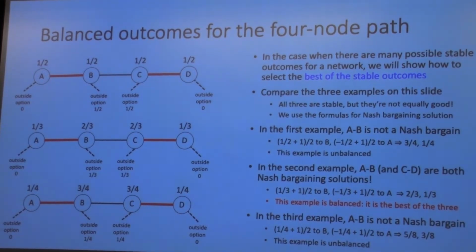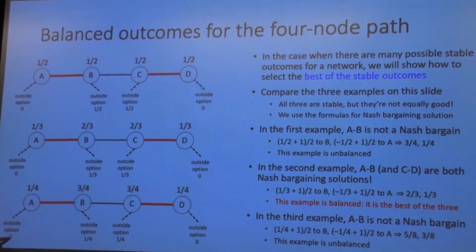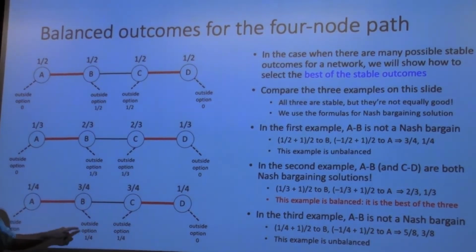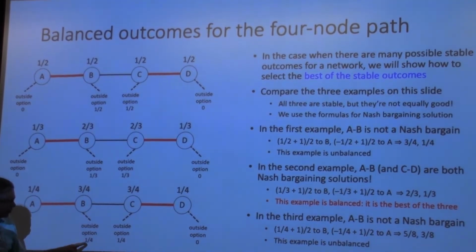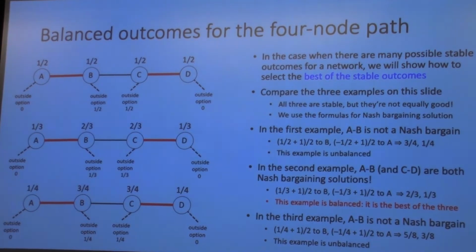But now we can check what happens with Nash bargaining. For example, if you look at the bottom one here, what is the Nash solution here? A is getting 1/4, but A has an outside option of 0, and B has an outside option of 1/4. So the surplus, remember, the surplus is 3/4.